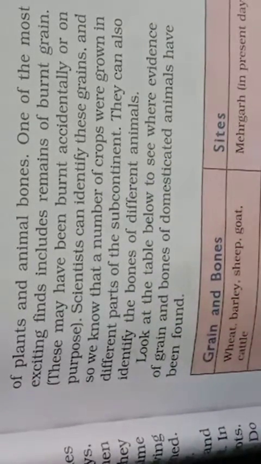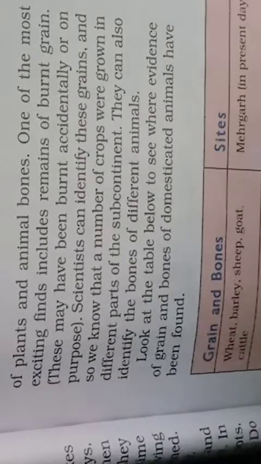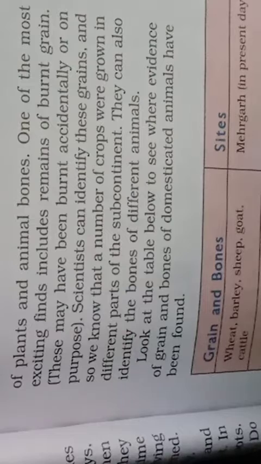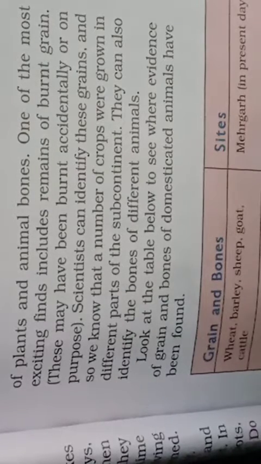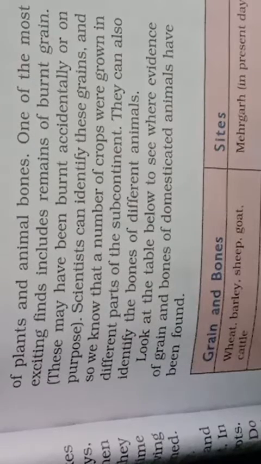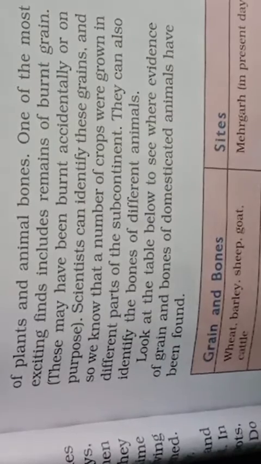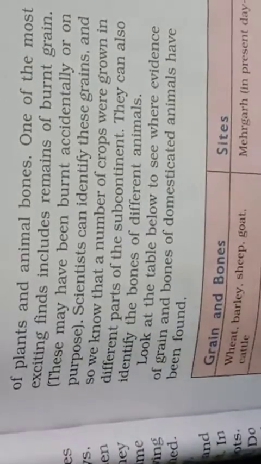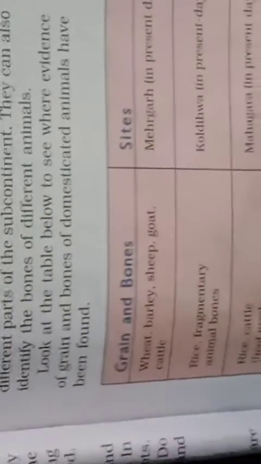So the animal bones can also be identified by the scientists, which type of bones they are, and teeth are also there. So by identifying these bones and teeth, we can assume that these types of animals lived in the subcontinent, and the people domesticated these animals.